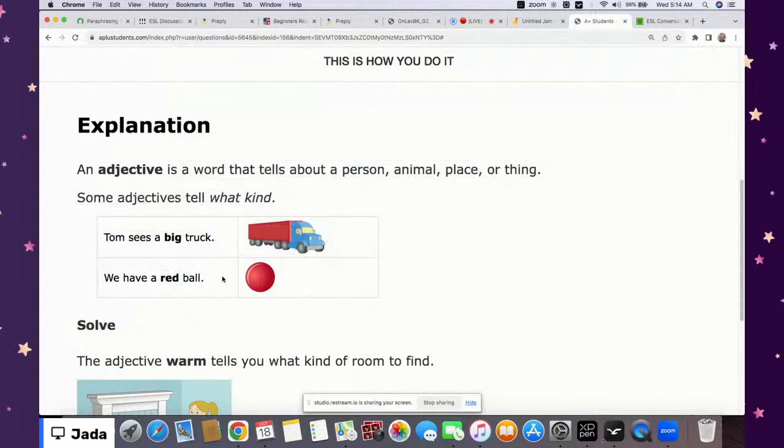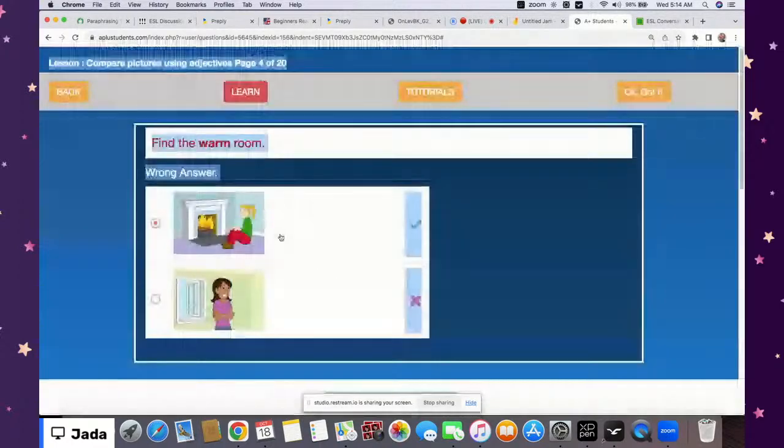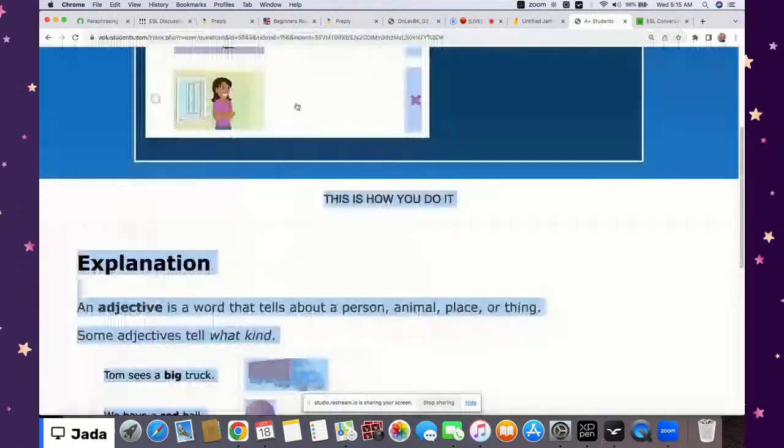So you just go down, read this, and then okay, this is the warm room because there's a fireplace here. So obviously this is the warm room because it has the fireplace. The first one is the warm one because we have the fire there, and this girl looks cold. But in case you click an answer and it is wrong, just go down here, read it again before you continue the test.